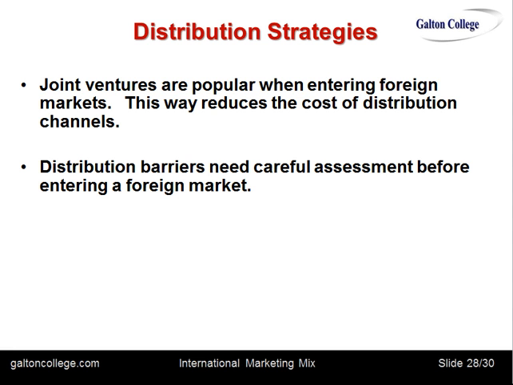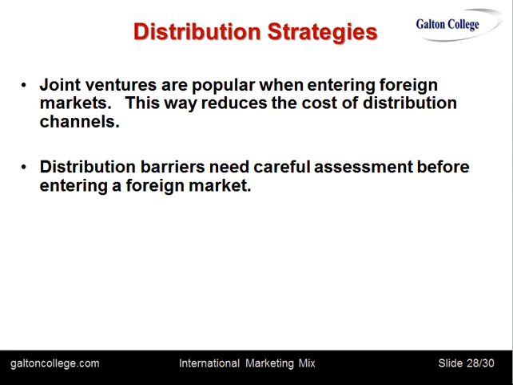Distribution channel barriers need to be carefully assessed before entering a foreign market. There might be distribution barriers. It may be difficult to get the product to the market for all sorts of reasons. It could be starting with geographic. It may be almost impossible to get the product into the market because it's away from a port or it's away from the point in which it's landed in the country.